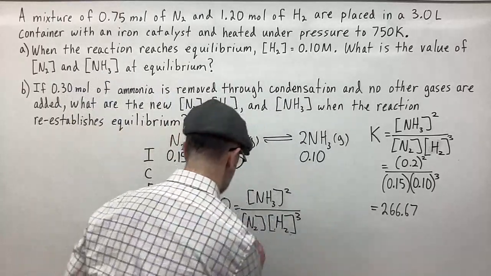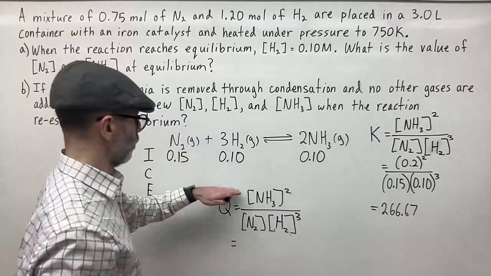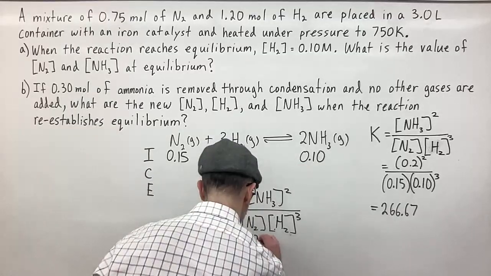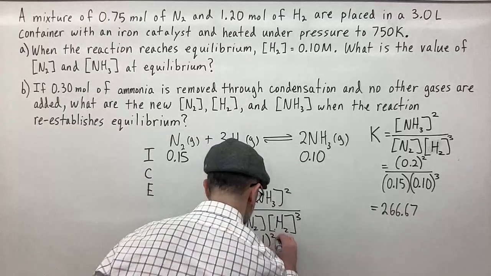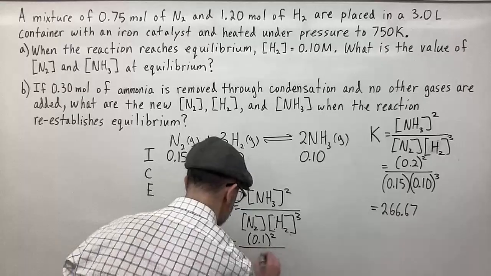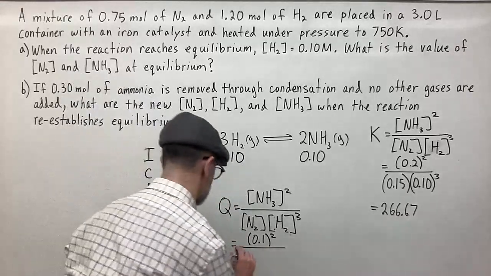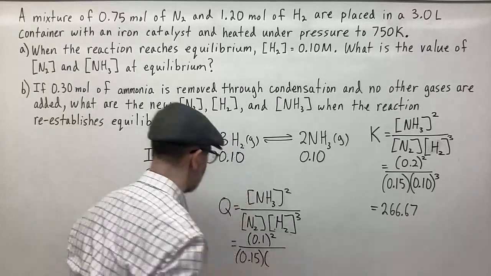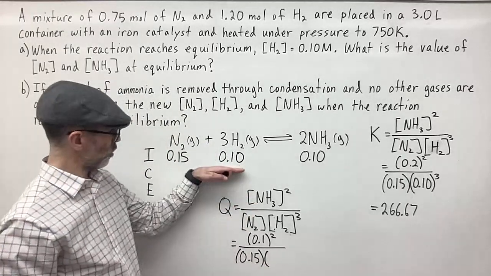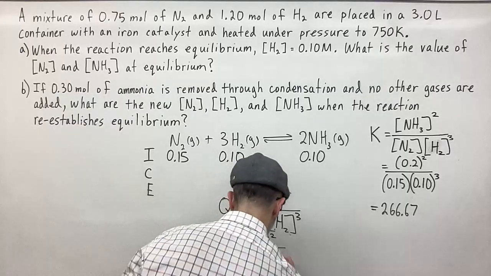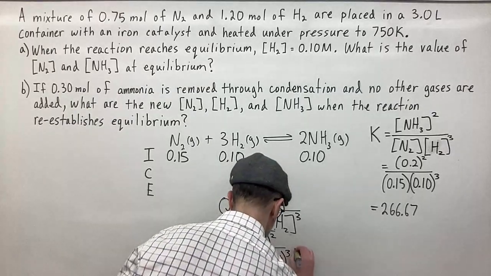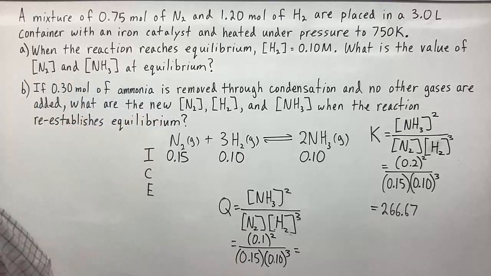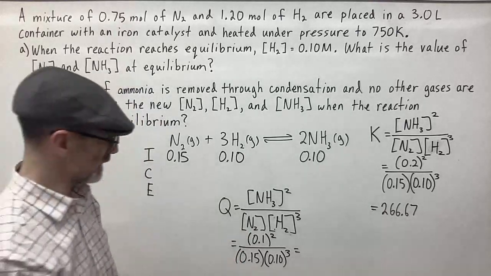So NH3 squared, that's 0.10 squared, divided by N2, which is again 0.15, and then divided by 0.10 cubed. And if you calculate this out, you get 66.67.